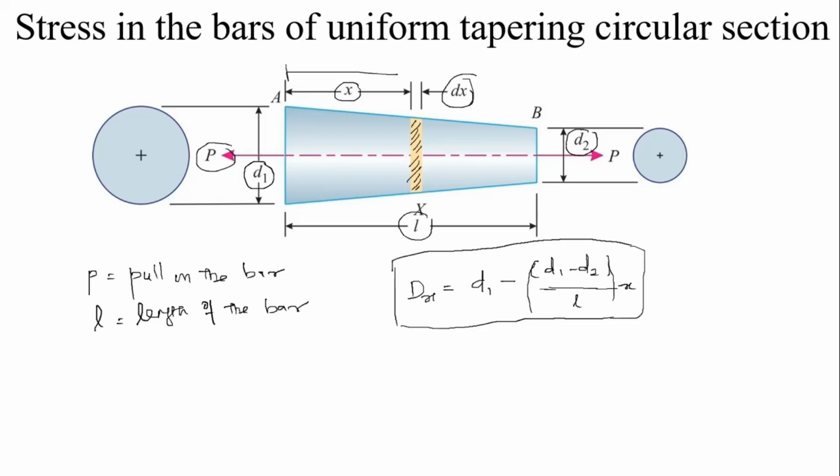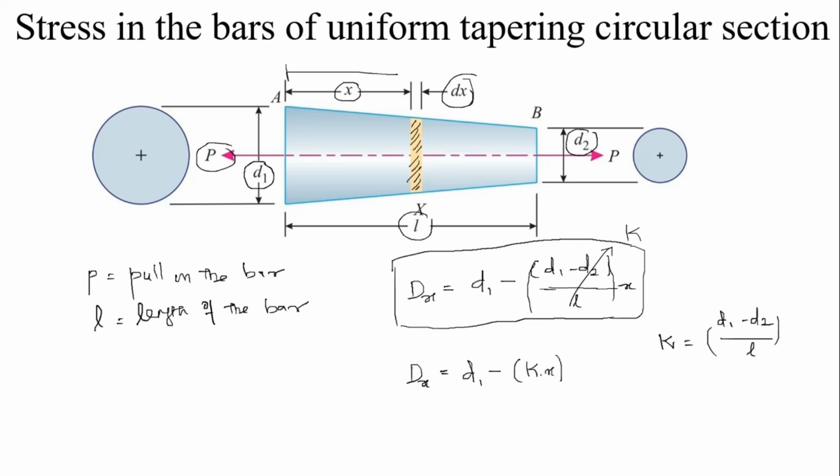For the sake of simplification, I am going to change this equation into d1 minus k into x, where k is equal to (d1 minus d2) divided by L. So, this term is converted to k for simplification.